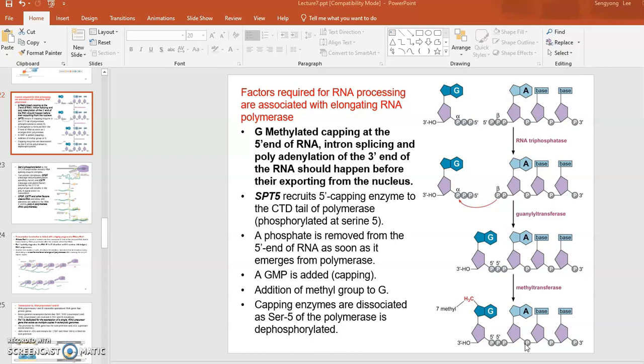During that time gap, your RNA molecule, the transcript mRNA, should be protected. Otherwise, it can be degraded through a lot of enzymes. So this 5' end capping, G methylated capping, can protect your RNA from the degradation by RNA chewing enzymes. So it's a kind of protective mechanism, if you will.